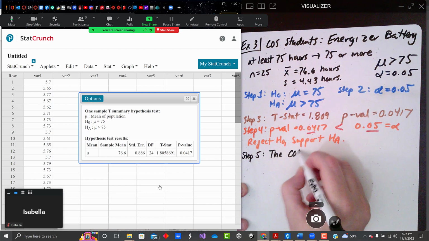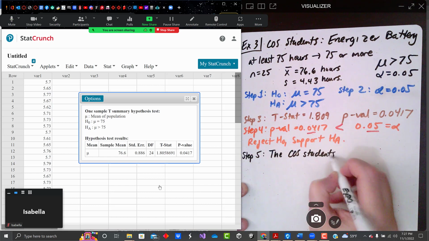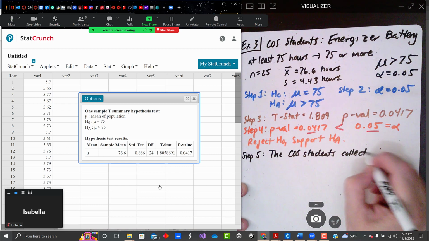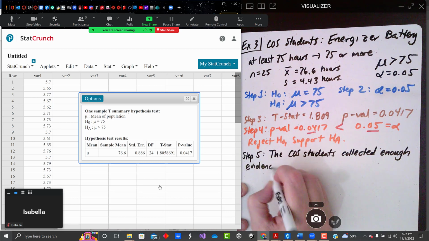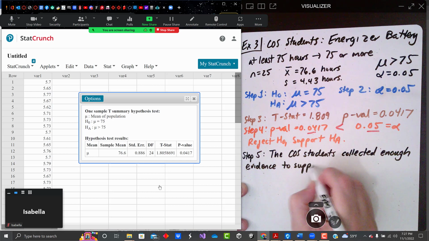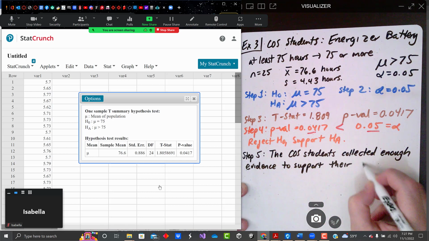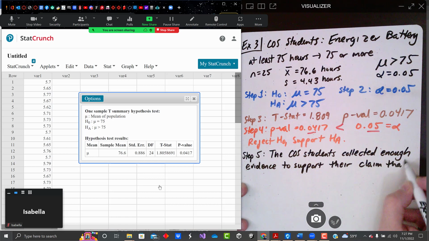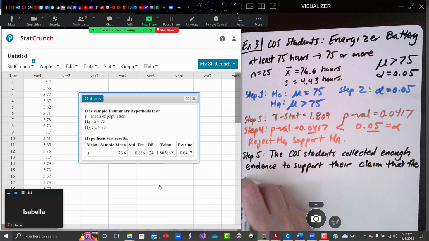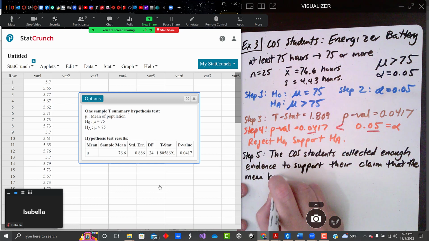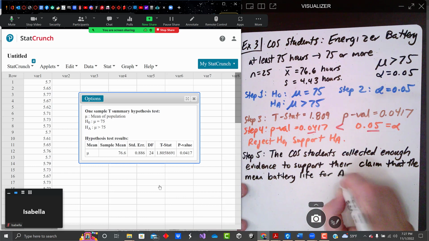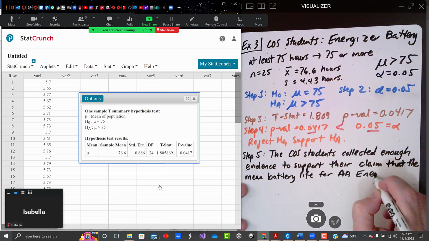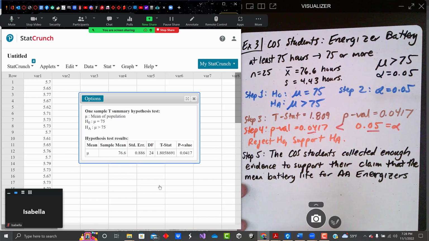The COS students collected enough evidence to support their claim that the mean battery life for AA Energizers, that's from memory.